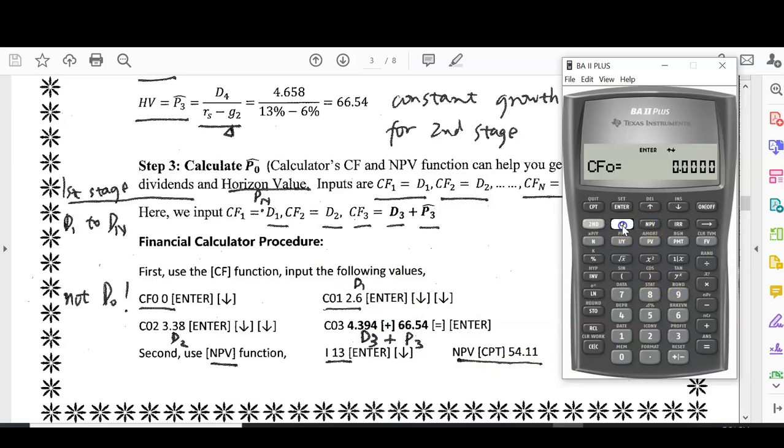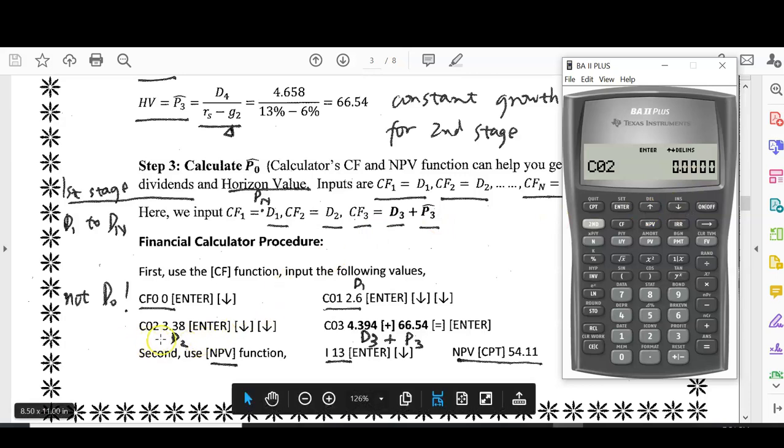So we press the cash flow function first. I'm at CF0. Again, it should be 0, so we just press the down button. For cash flow 1, we input 2.6. Enter, down button. Frequency should be 1, down button.